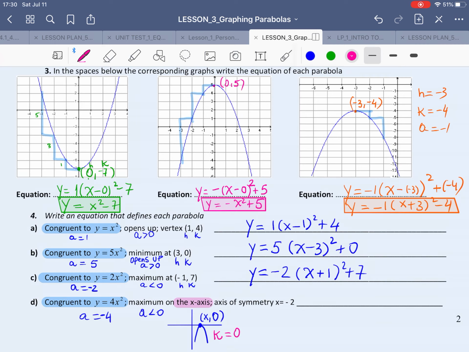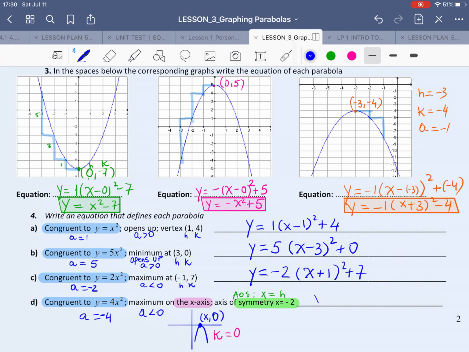Now, the axis of symmetry is x equals -2. Now, remember that the equation of the axis of symmetry is always x equals h. So with this piece of information here, they are trying to tell us what the h coefficient equals, okay?